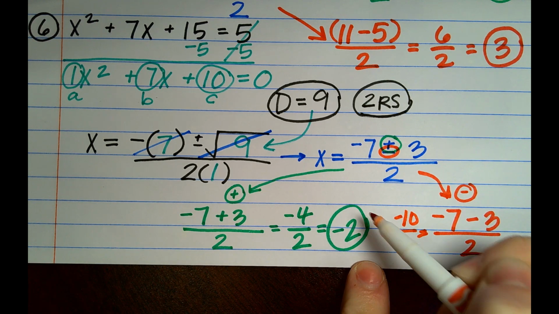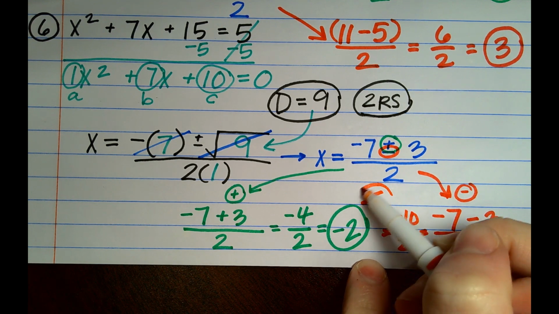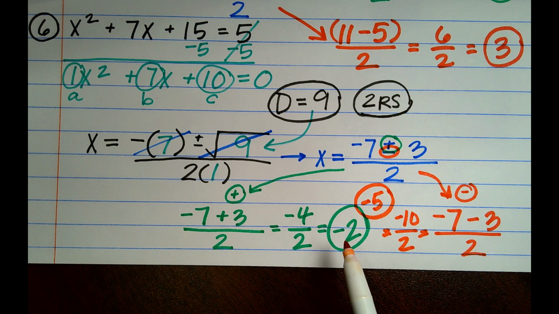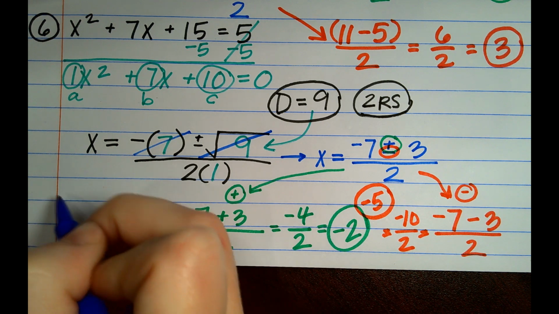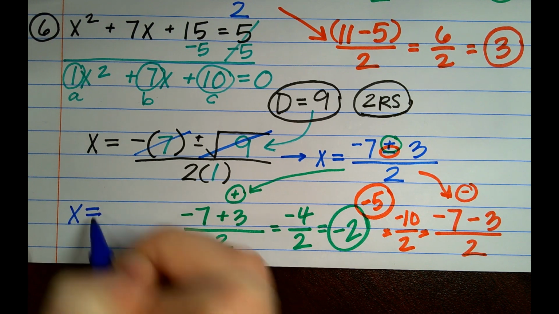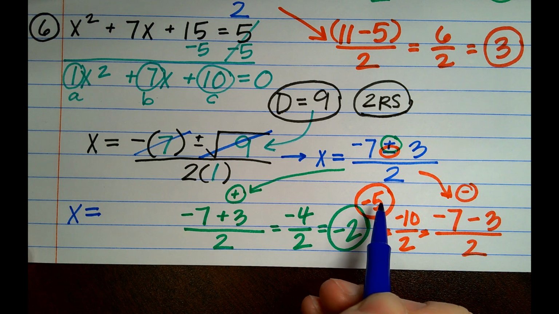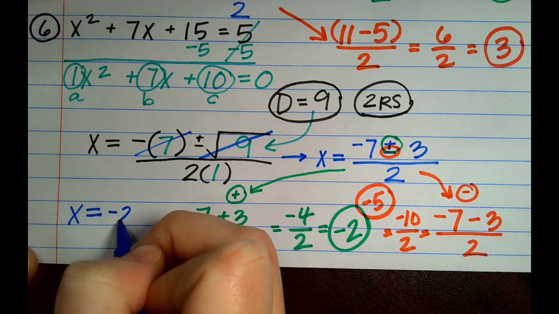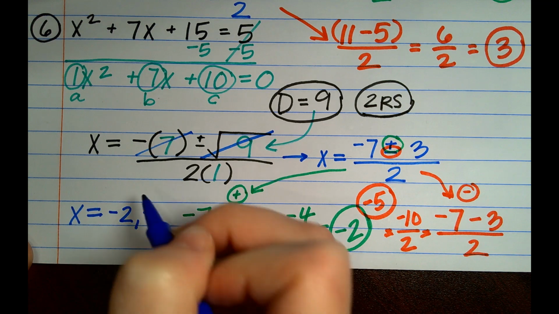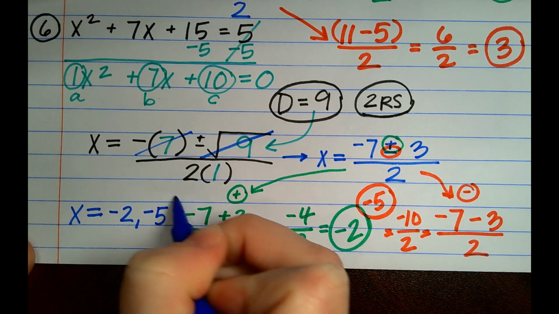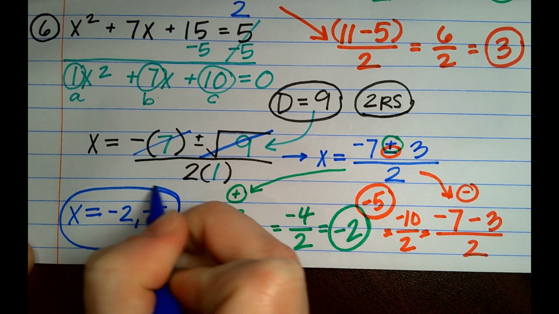Negative 5. Yes, negative 5. So these are our two answers. So we will write them together as x equals -2, comma, -5. And just like our discriminant told us, we do have two solutions. And there they are.